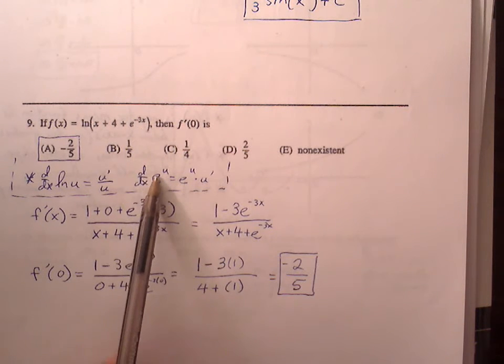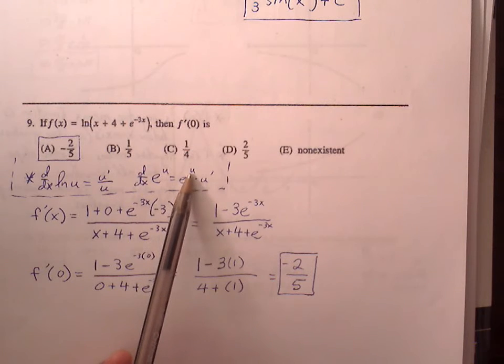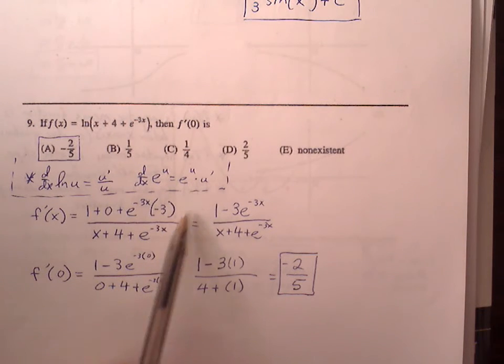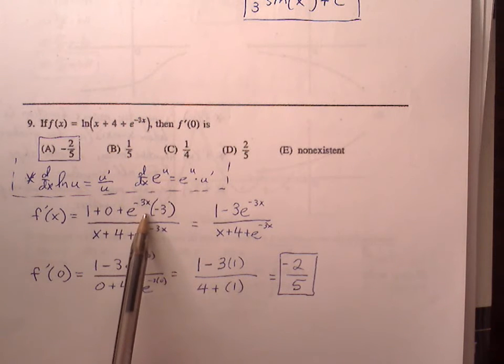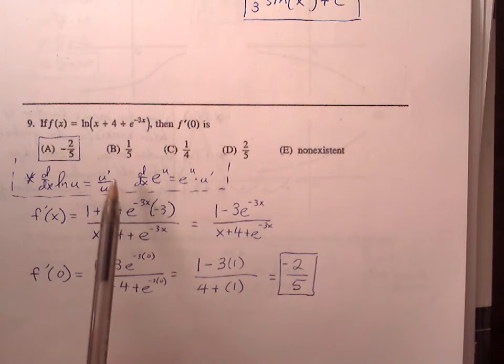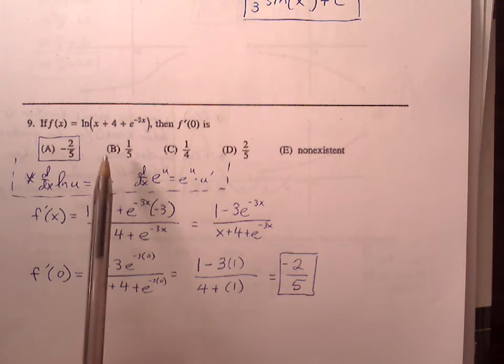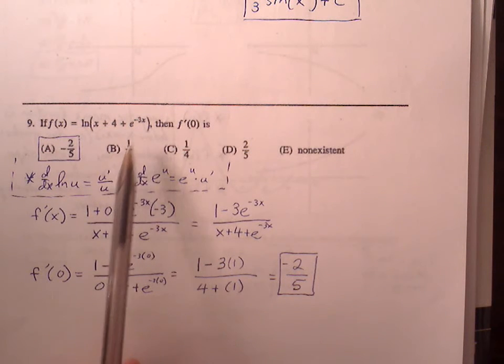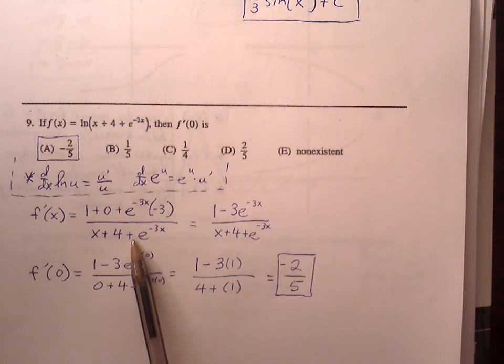So e to the negative 3x becomes e to the negative 3x times negative 3. So everything in the numerator constitutes the derivative of this u prime portion of natural log, divided by the u value. So u value is everything inside the parentheses unchanged, so that goes here. So we have our derivative.